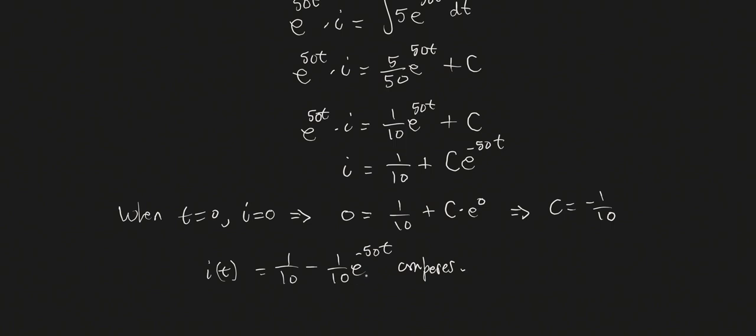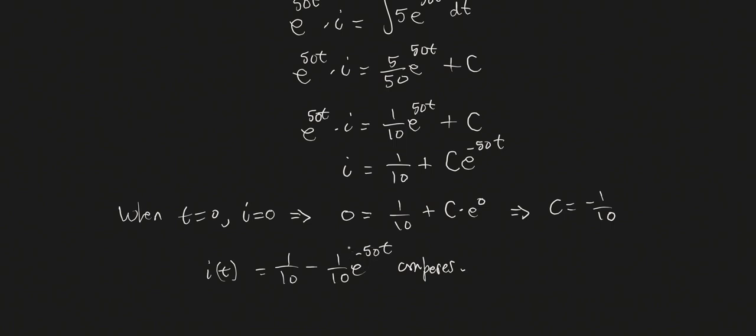Now you look at this, with such a huge negative coefficient in the exponent of the e, the term e to the negative 50t approaches 0 very, very quickly, right?